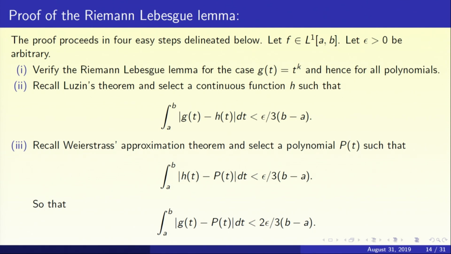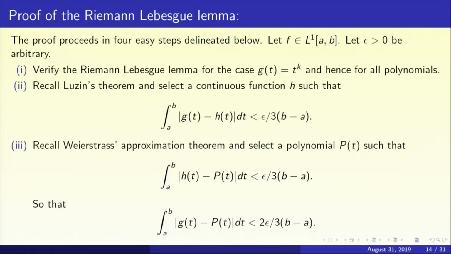The Weierstrass approximation theorem asserts that every continuous function on a closed interval can be approximated by a sequence of polynomials. So we pick a polynomial p t such that p t minus h t is small in supremum.